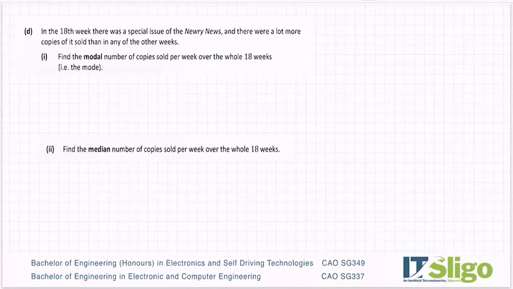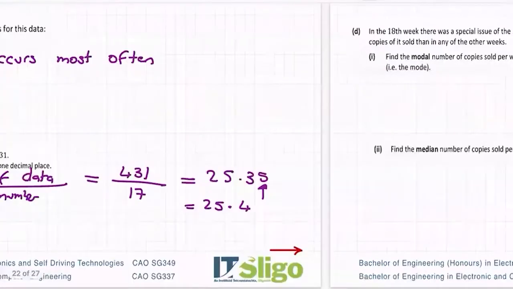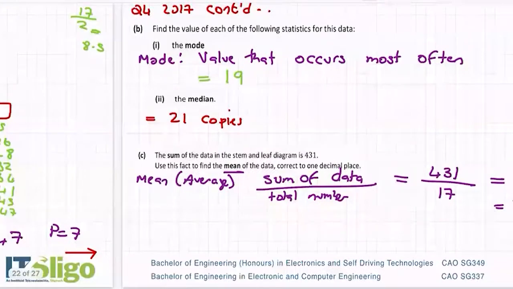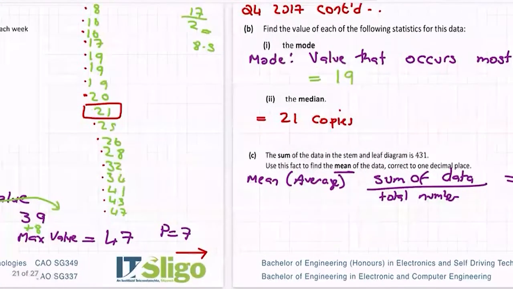So remember, the mode is the value that occurs most often.